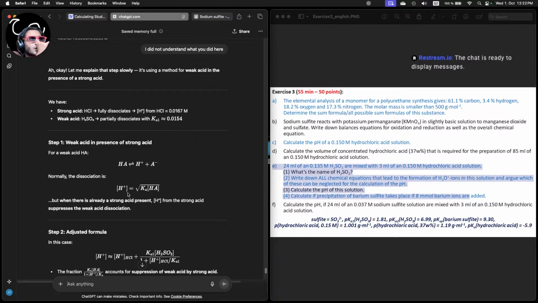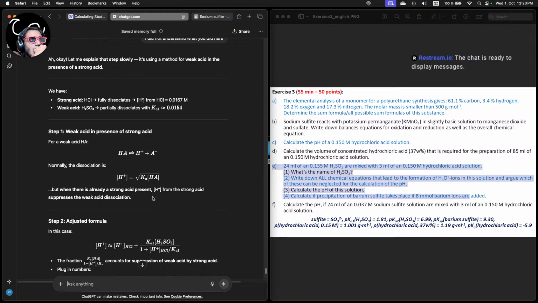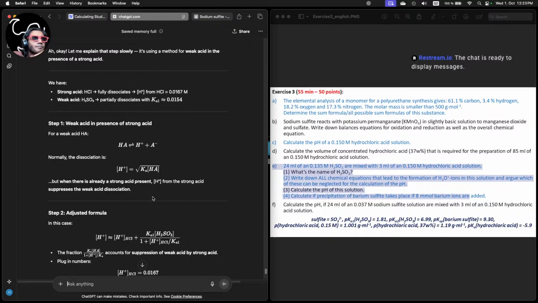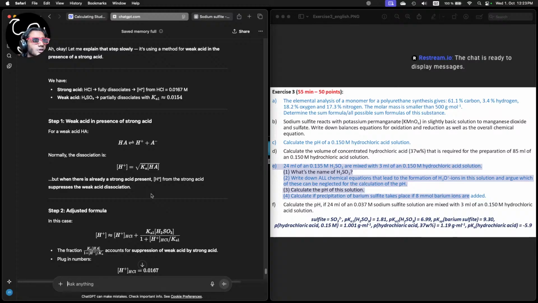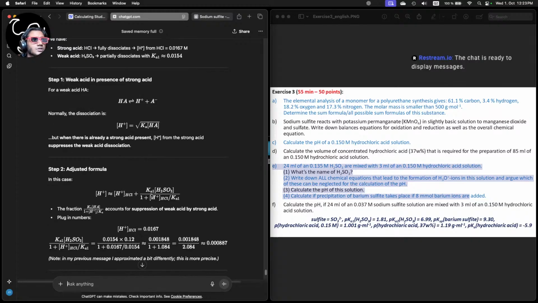Okay. Ka. Suppression of weak acid by strong acid. Plug in the numbers.